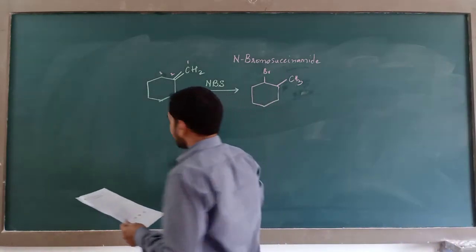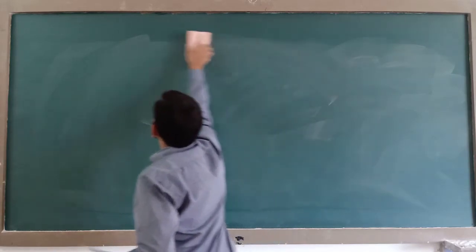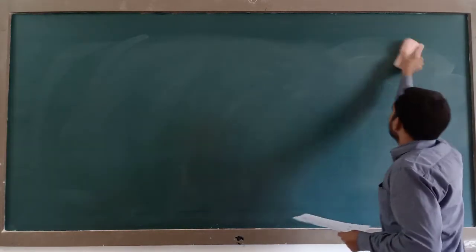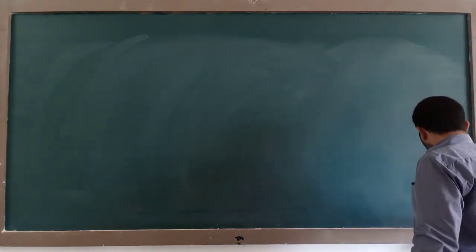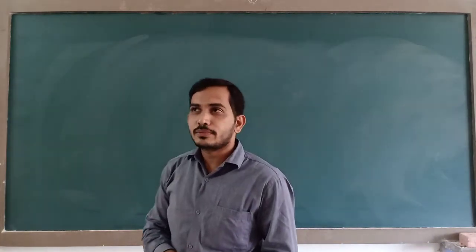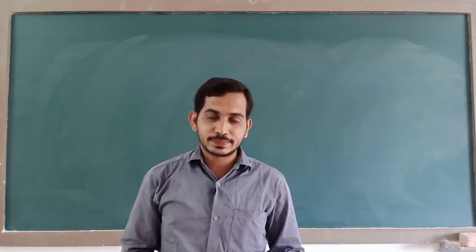Then 13th question, phosgene. Phosgene is the common name for. In the theory class, if I am not wrong, I might have told you phosgene is a very poisonous gas.